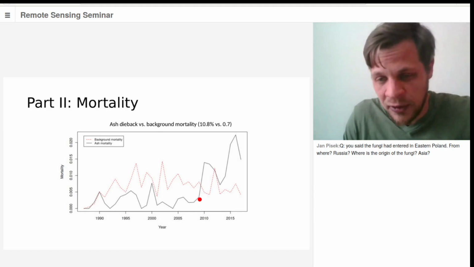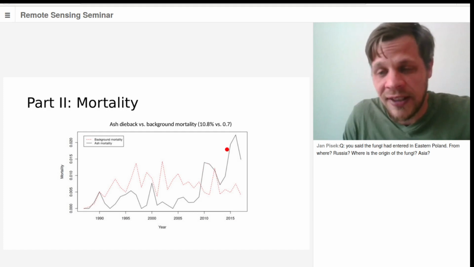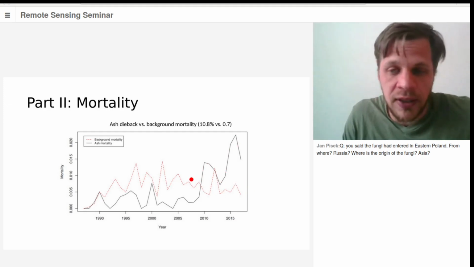But since 2010, you see that ash dieback has largely accelerated, while the background mortality in the same plots stayed constant.